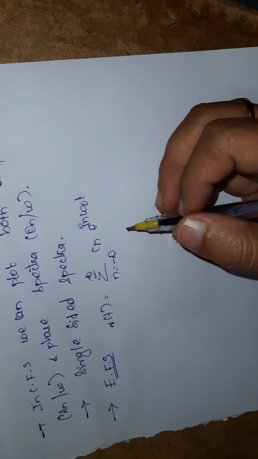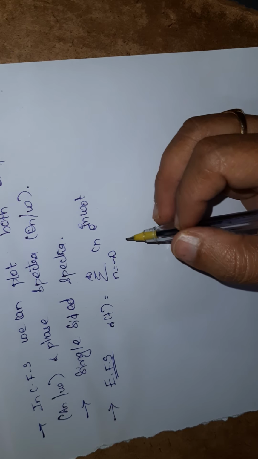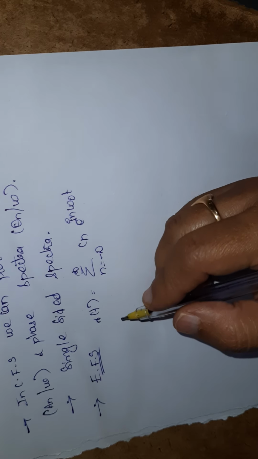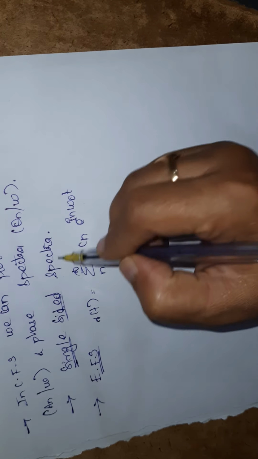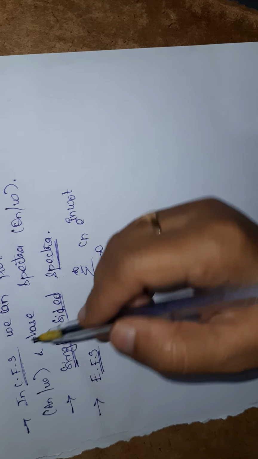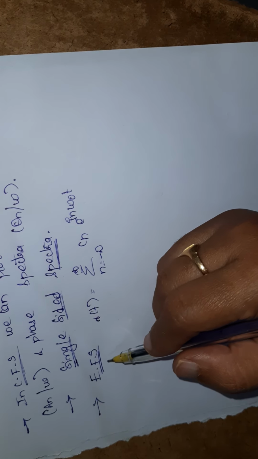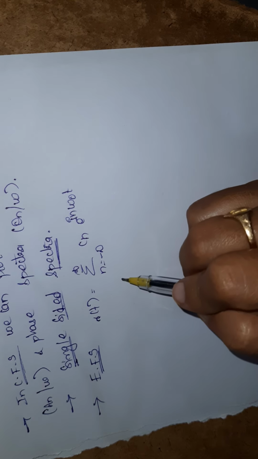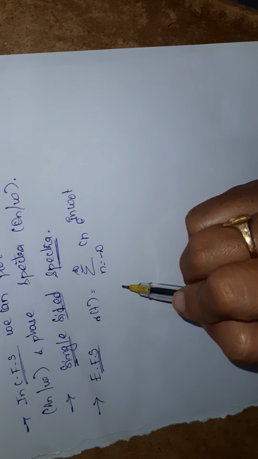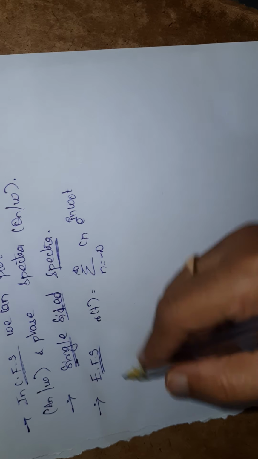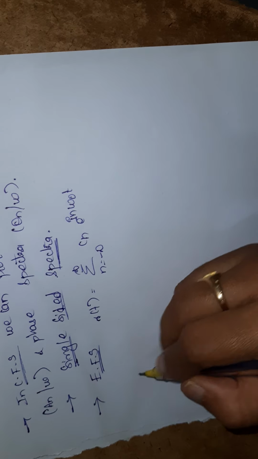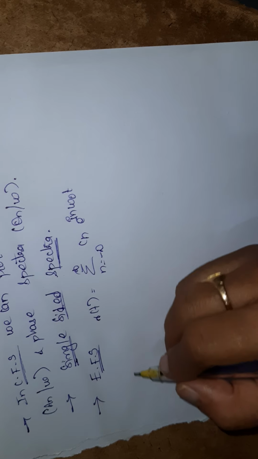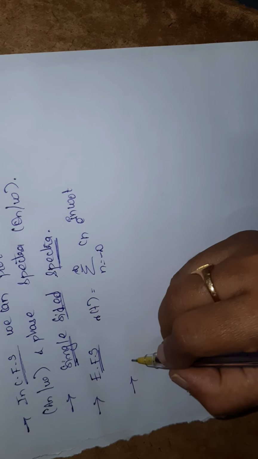It is called single sided in the case of the cosine form of Fourier series because the amplitude has only positive values, but here the spectra can be plotted for both positive and negative frequencies, hence it is called two-sided spectra.